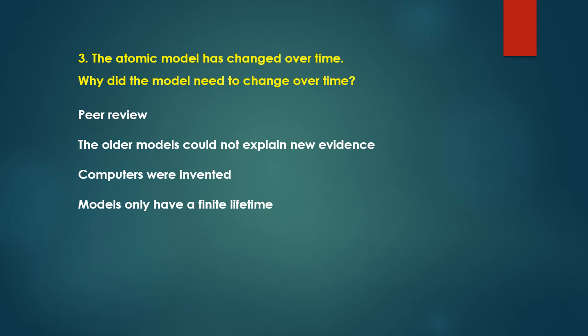So our answer should be: the old models could not explain the new evidence. We can use a model only if it can explain everything, including the new evidence we have. Otherwise, we have to replace that model. So the older models could not explain new evidence.